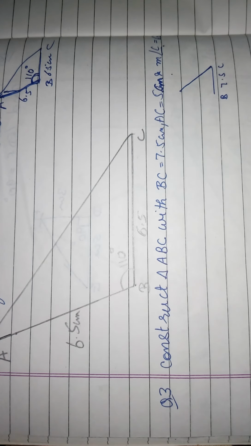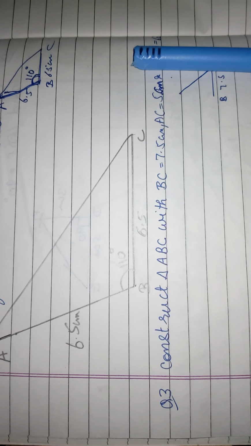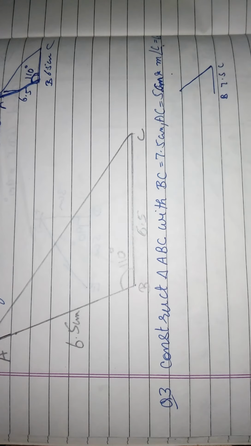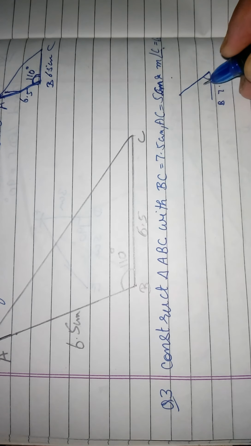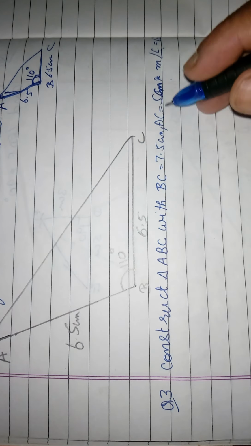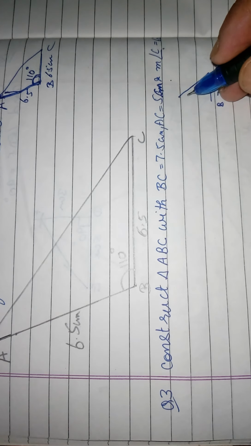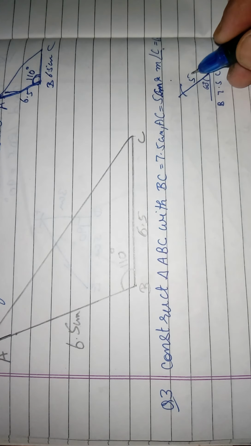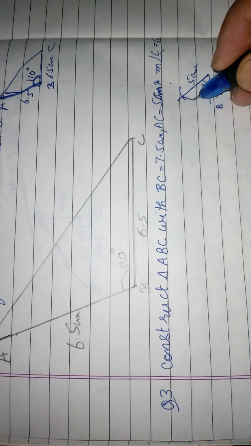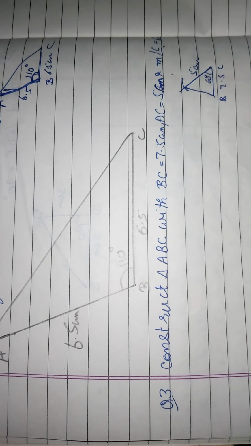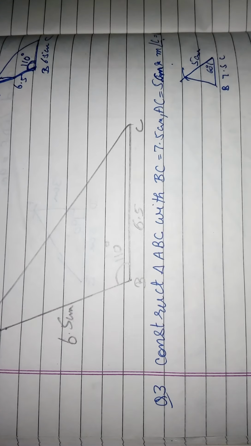Is it clear? See, this is a straight line and this is acute. So 60 degrees acute. Now CA, from C when we cut, this is 5 centimeter. When we join, we will get the required triangle. So 3 measurements are given.